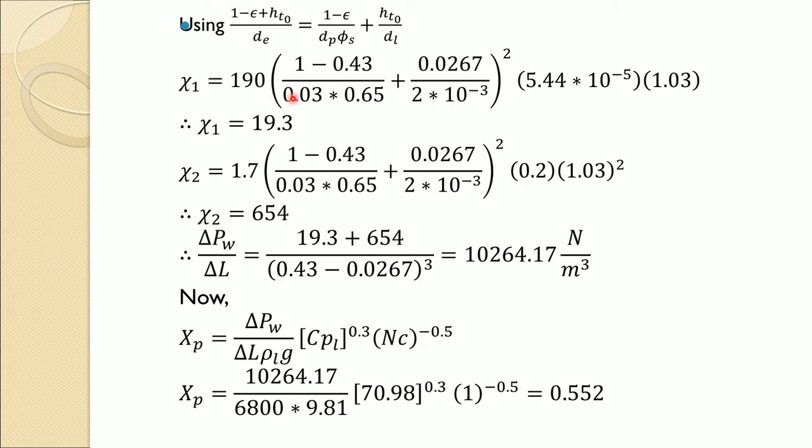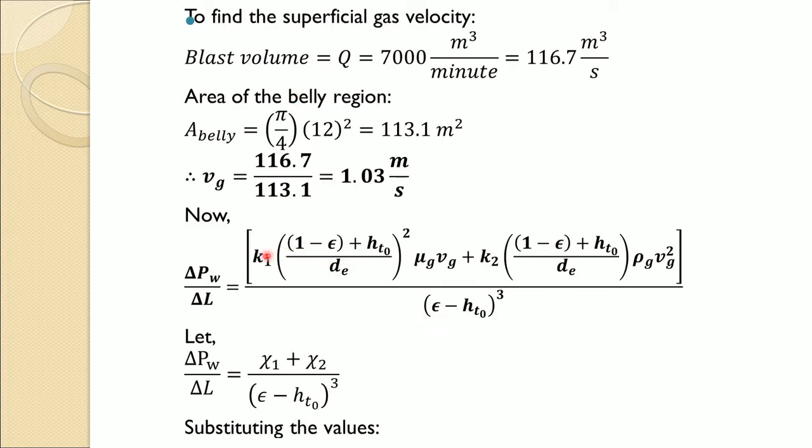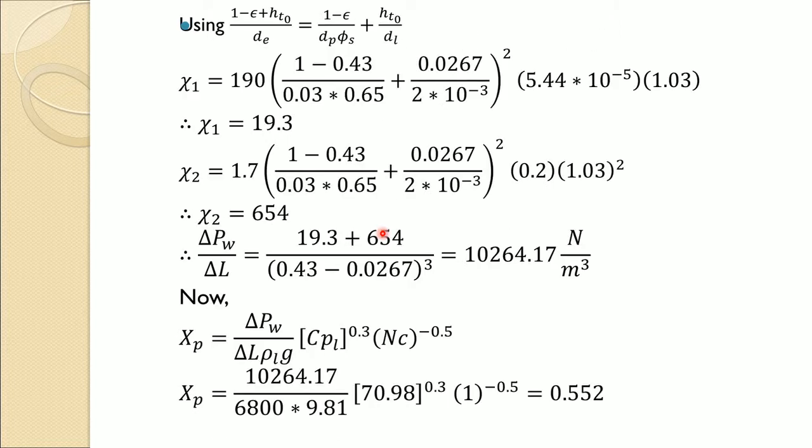The x1 is this. So, 190 times 1 minus 0.43 plus St naught, which is 0.0267, and dE, with that we put it. So, it comes, and using all other quantities, velocity and viscosity, kappa 1 is 19.3.